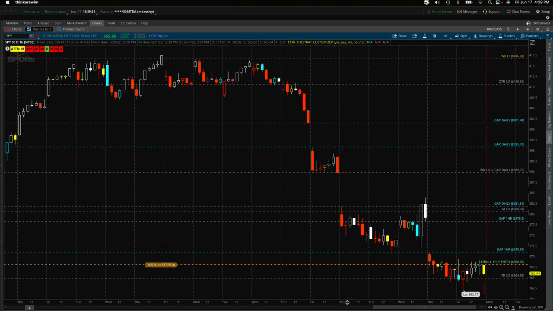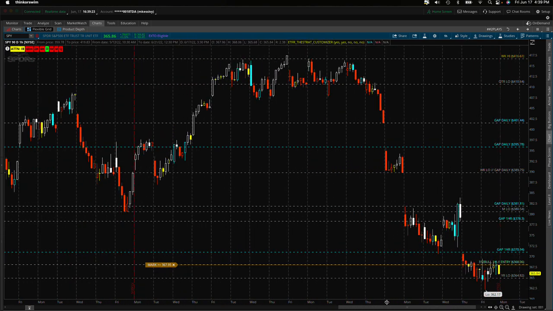So now we'll look at demand and supply zones.